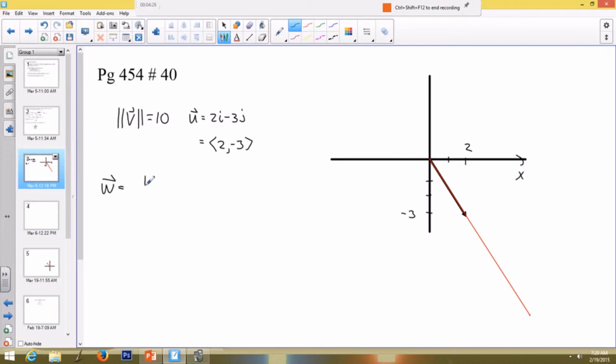is going to be 1 over the magnitude of this vector <2, -3>. The magnitude is the square root of the sum of those two values squared, so the square root of 2 squared plus -3 squared.